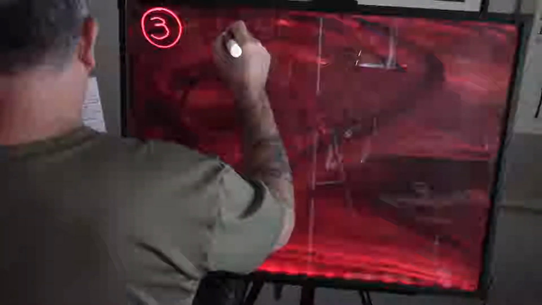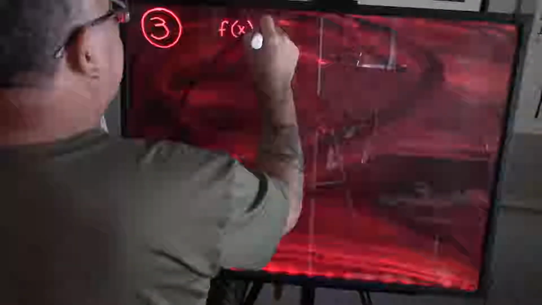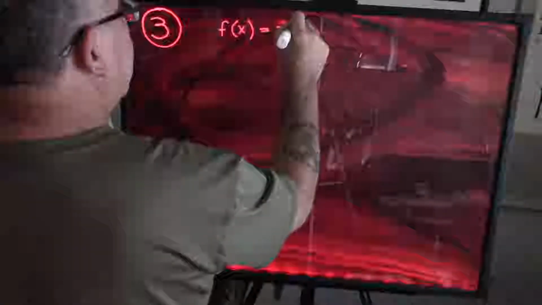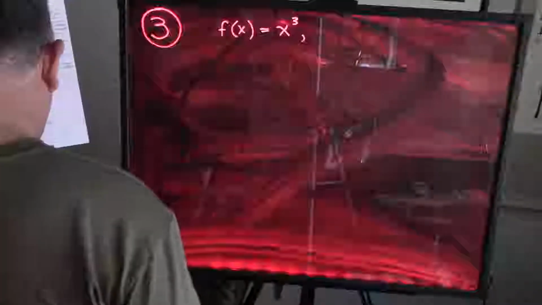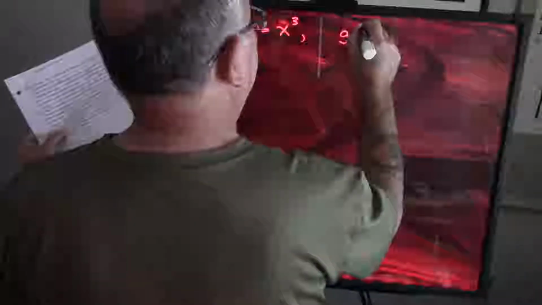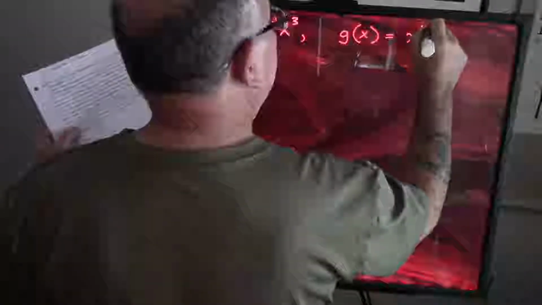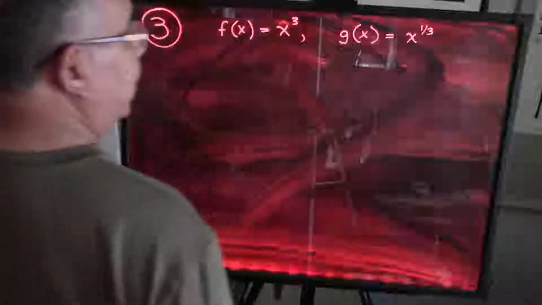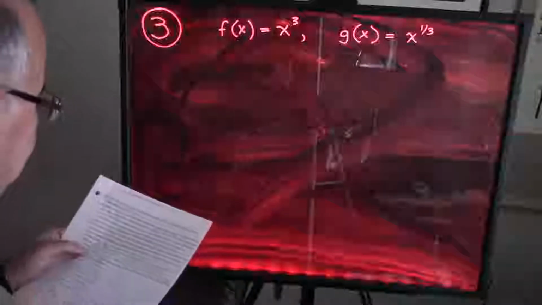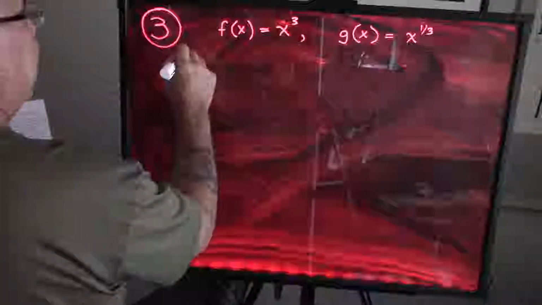Let's let f of x equal x cubed. And let's see, g of x is the cube root, or x to the 1/3 of x. Okay, so what's f composed with g?